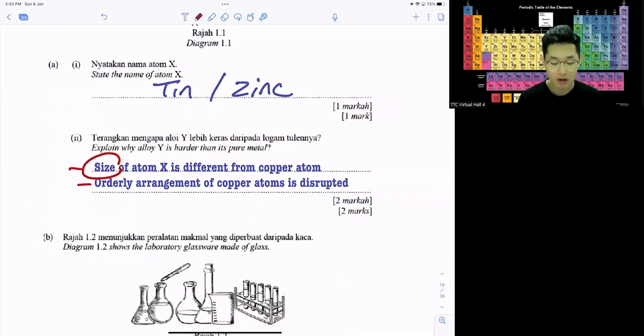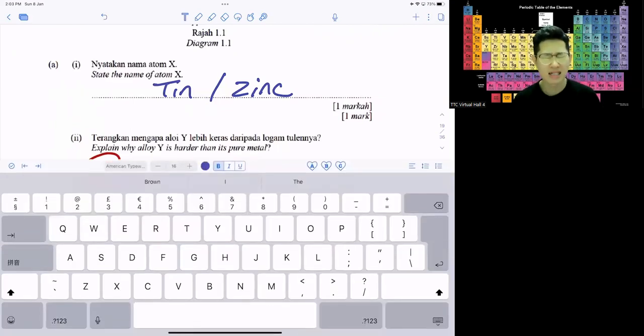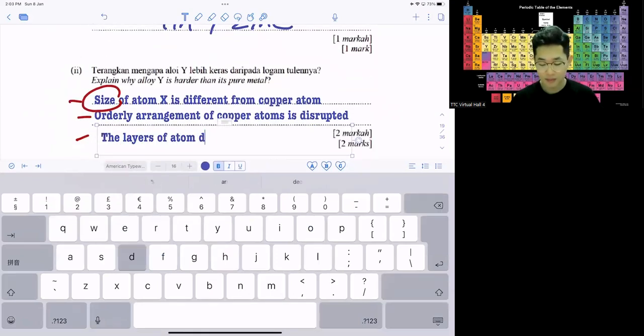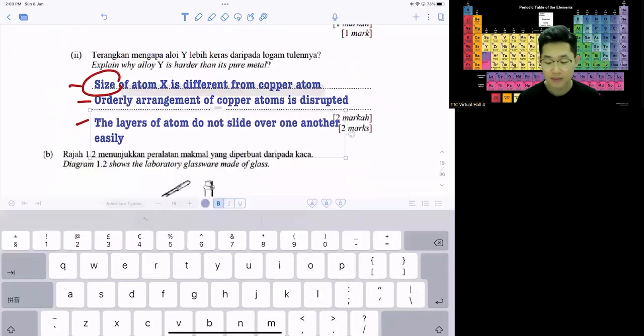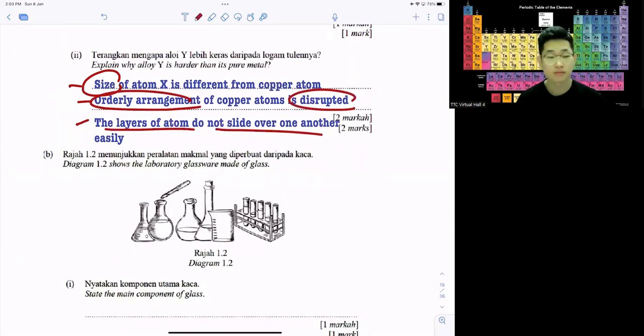And lastly, we got to say the layers of atoms do not slide over one another easily. So that means they are harder to move around now. Size, orderly arrangement disrupted, hard to slide.